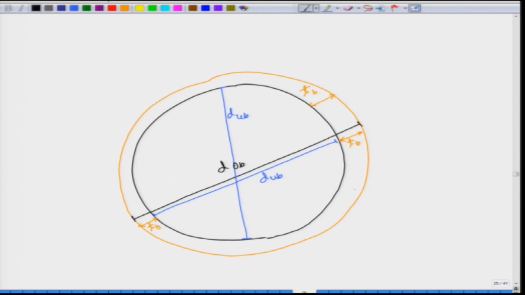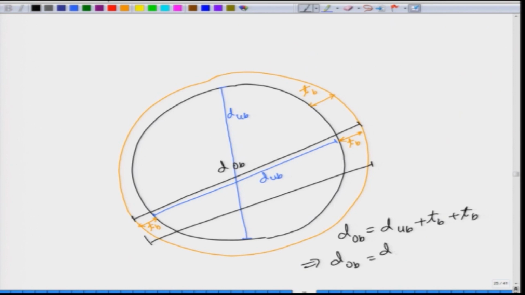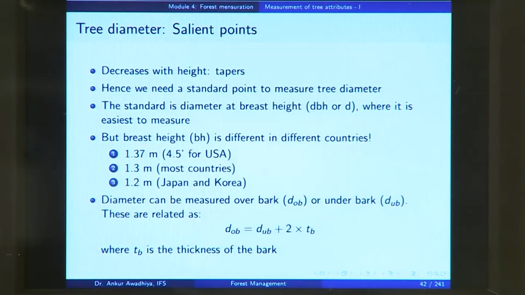So, we can easily say that the DOB, or this complete thing, is equal to DUB plus TB plus TB, or D over bark is equal to D under bark plus 2 into the thickness of the bark. So, whenever you are doing a measurement of the tree diameter, you should define whether you are measuring the diameter over bark or the diameter under bark, because they will be different.